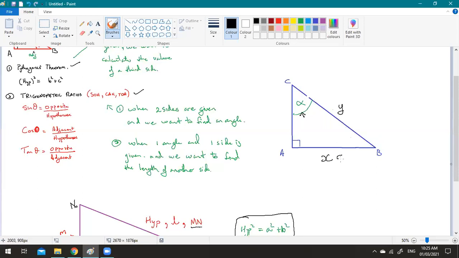Let me say this is 5 and they say this is 10, and they want us to find the angle. What formula are we going to use? Sine. Why? Because here is the opposite to the angle, and then we add the hypotenuse. So which formula uses opposite and hypotenuse? Sine.